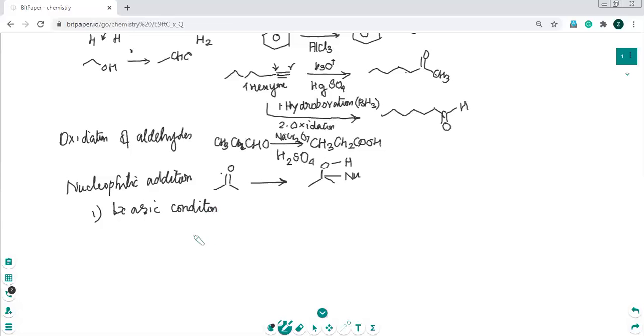Now under basic condition, what happens? In basic condition, the nucleophile directly attacks your carbonyl, and this opens up onto this side.